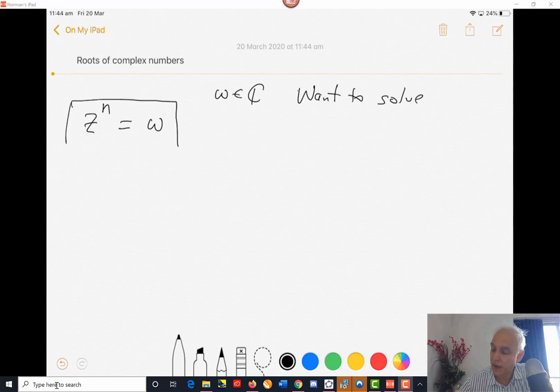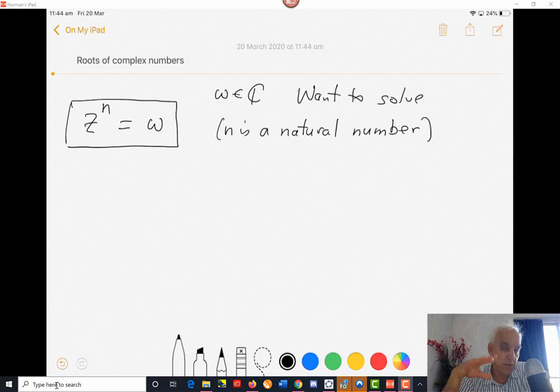And typically, n is a natural number. So that is a much richer story than it is over the usual number line, over the so-called real numbers. And it will turn out that typically we get actually n distinct solutions to such an equation.